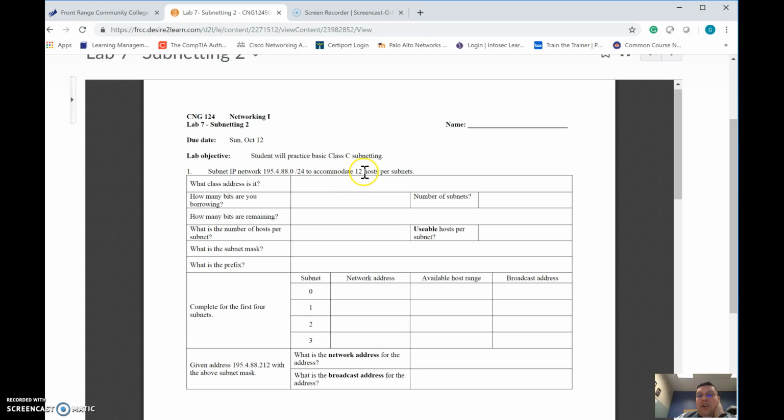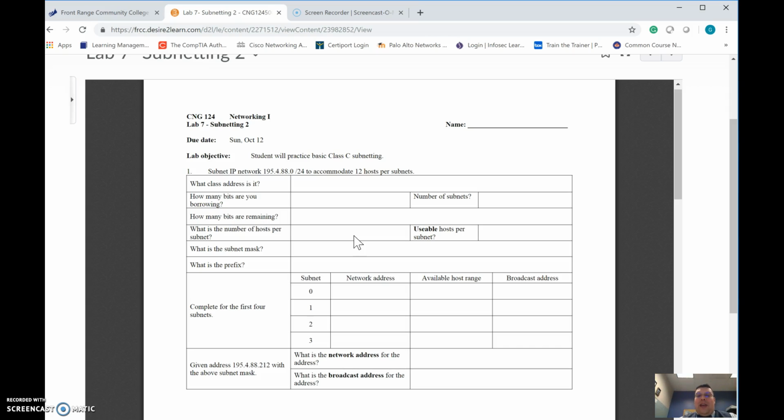So if I have 12 hosts, I need to have the usable host numbers be greater than or equal to 12. Well, the number of hosts per subnet at this time has to be a fixed number: 128, 64, 32, 16, 8, 4 at this point.